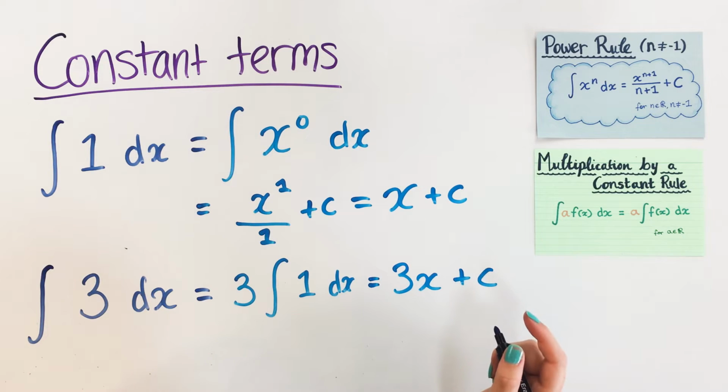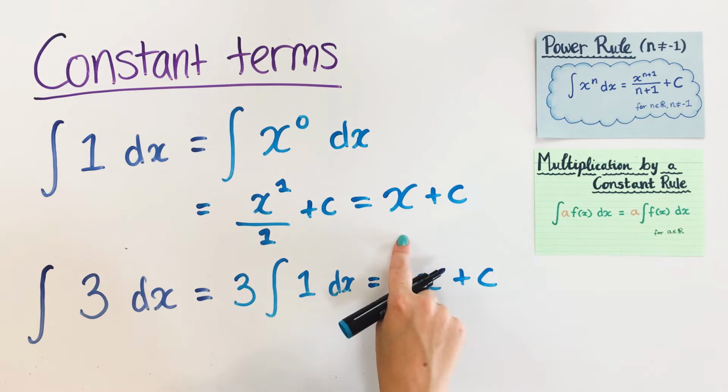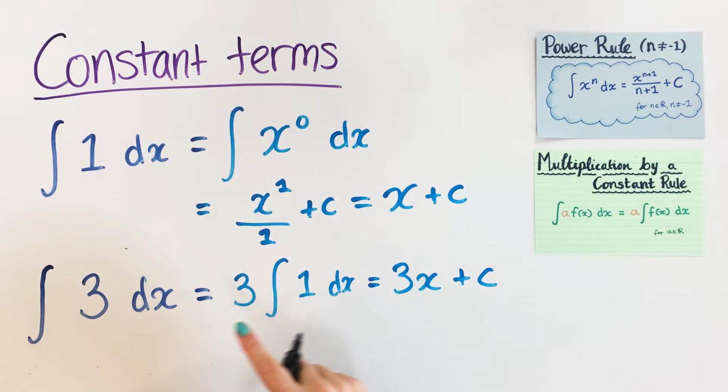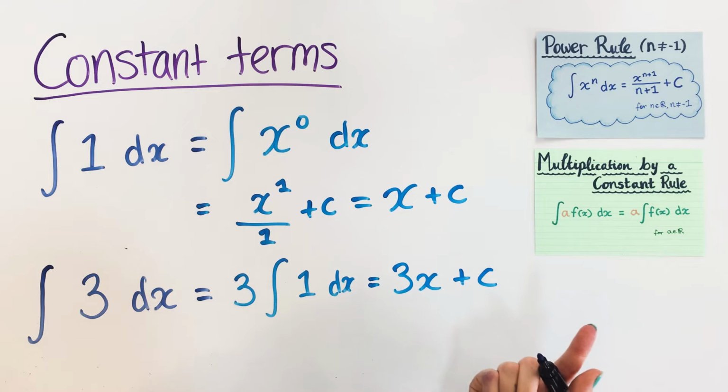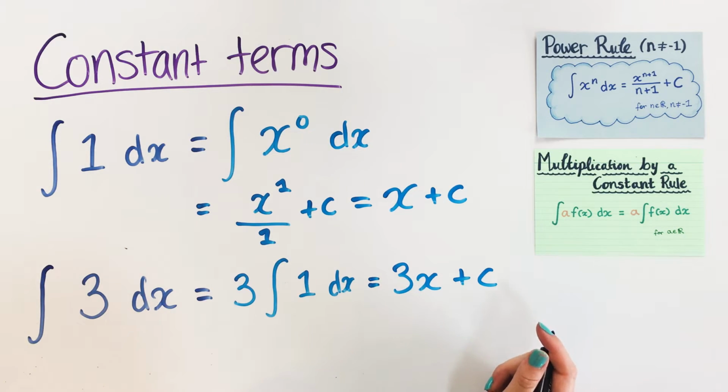So this is the more formal way of integrating constant terms, but as you get more familiar with integration, you'll soon recognise straight away that to integrate a constant, you just add an x after it. So the integral of 1 is just x plus c, the integral of 3 is 3x plus c, equally the integral of minus 5 would be minus 5x plus c, and so you get to do these things quite quickly.